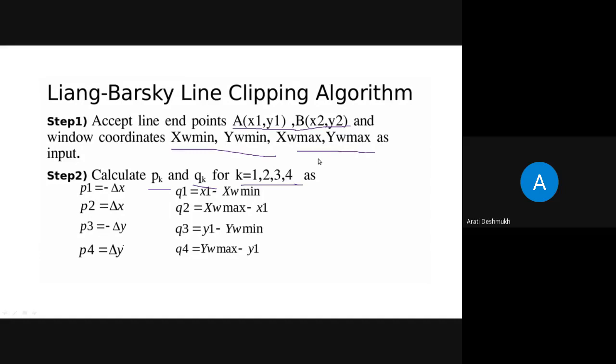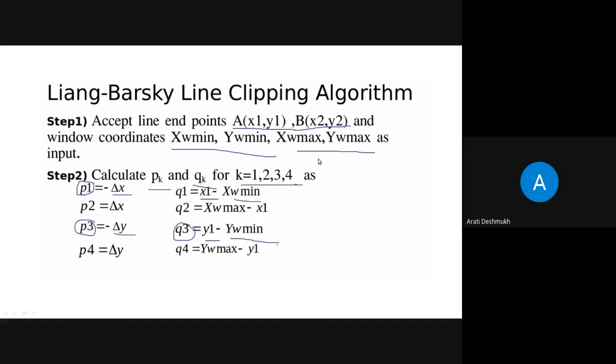To remember this, P1 and P3 are the same, but P1 has minus delta x and P3 has minus delta y. P1 is in the form of x, P3 in the form of y. Q1 is x1 minus xw minimum, and Q3 is y1 minus yw minimum.